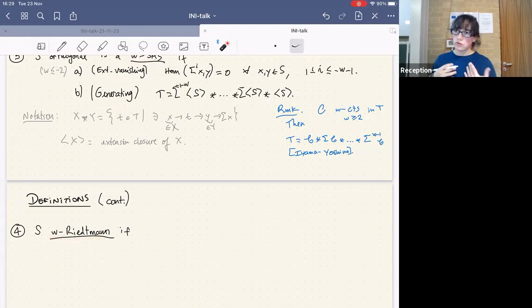For the W-Riemann, this should be like the weakly cluster tilting, so it's an Ext vanishing, but a maximality condition instead.